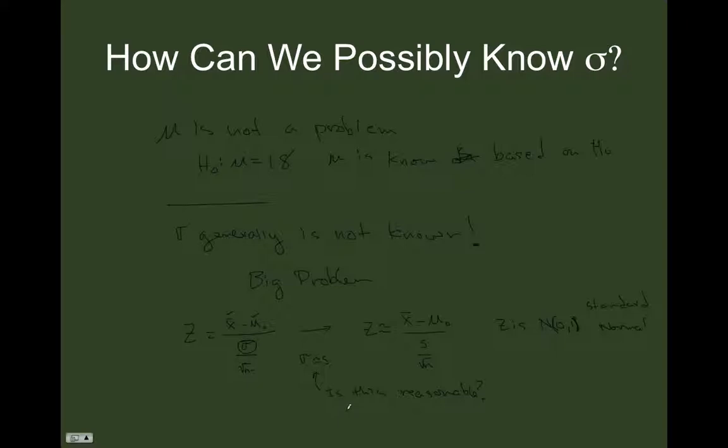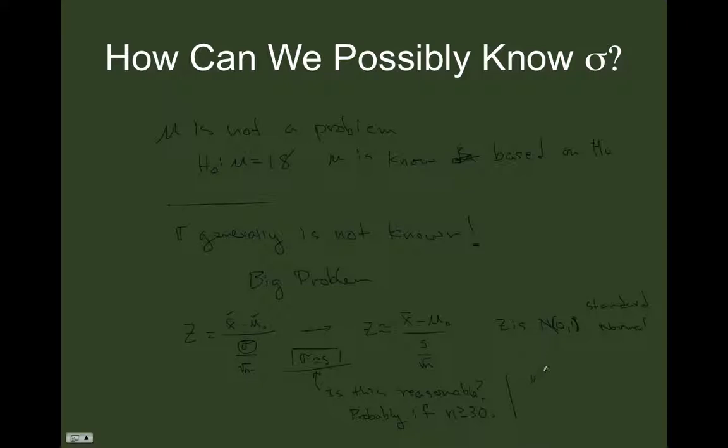And my answer to this question, is this reasonable? Well, it's probably reasonable if the sample size is large enough, okay? So yeah, it's probably okay to make this assumption and to go ahead and model Z using the standard normal distribution, as long as we have a sample size that's relatively large.